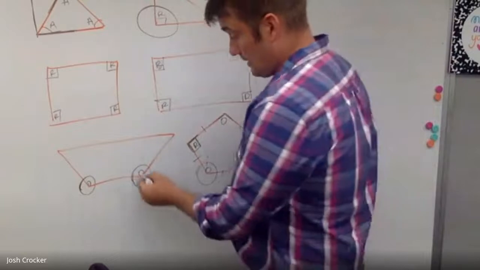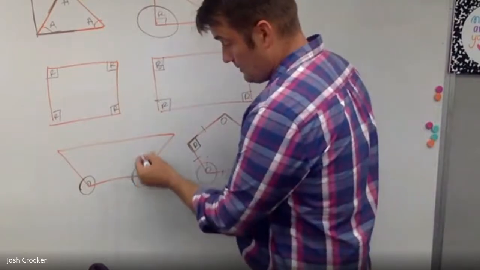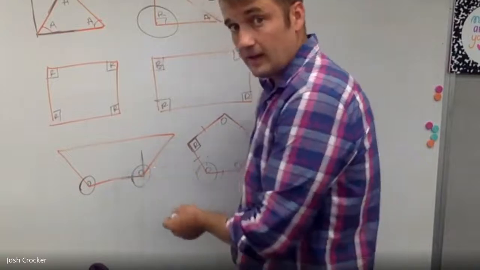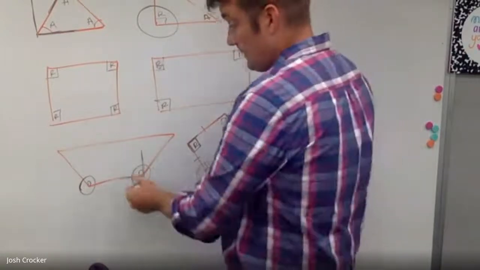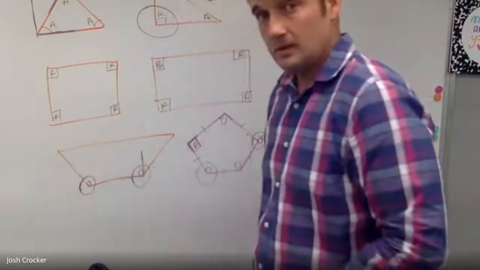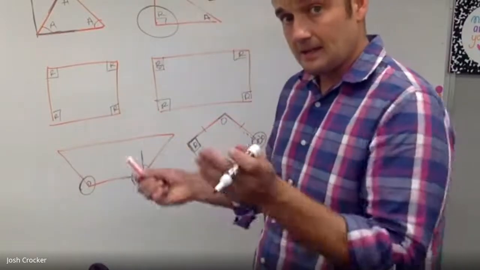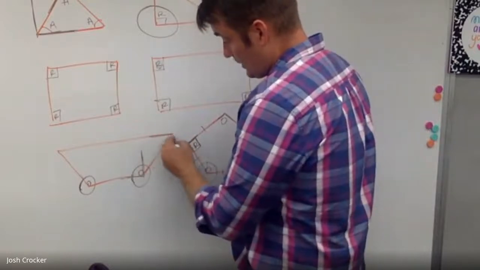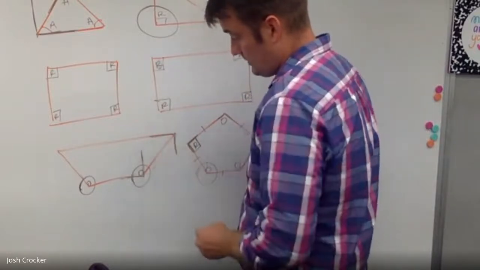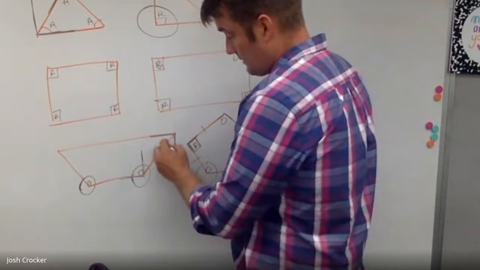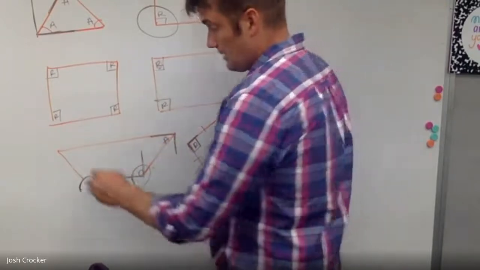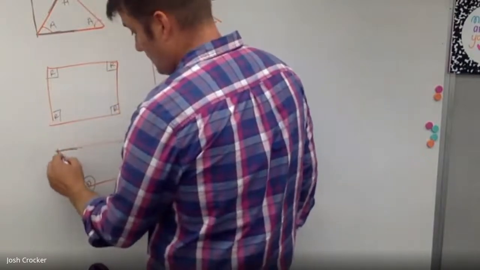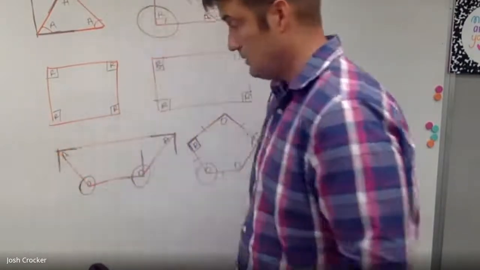If it were 90, that perfect L shape, well, it's past that. It's bigger than that, so that's obtuse. This angle is also obtuse. These angles, though, if I try to draw my perfect square off of them, they're inside of it, so they are acute. Same deal here, acute.